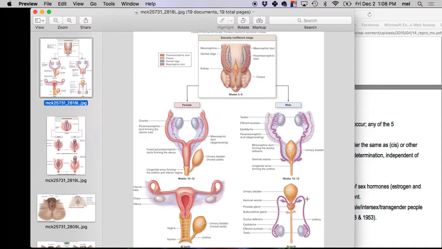And it's really, really dependent on having the right levels of testosterone at the right time. So this person right here, if they had MIH but not testosterone, they would be something like this. Everybody started out with something that was kind of like a vagina, right? And so you would have something like that. Does that make sense? So it's more common for people who are intersex to be XY.